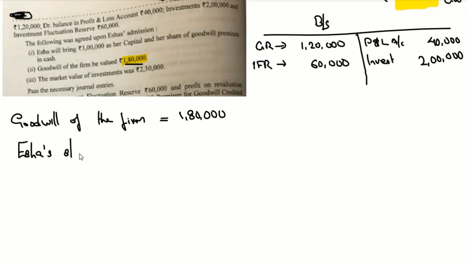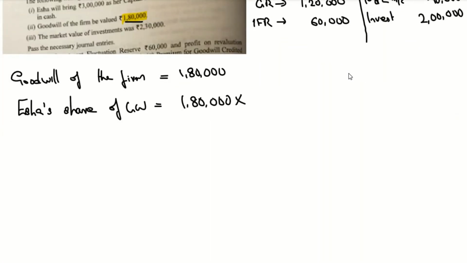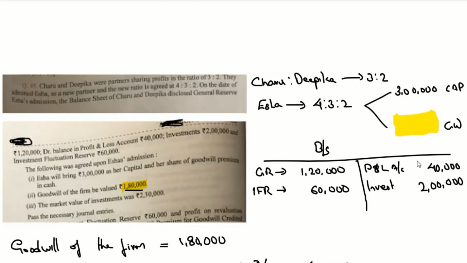Isha's share of goodwill is equal to 1,80,000 multiplied by her share of profit. Now the new profit sharing ratio is 4:3:2, which is 2 by 9. So multiplied by 2 by 9, that is equal to 40,000. So Isha has to bring 40,000 as her share of goodwill.